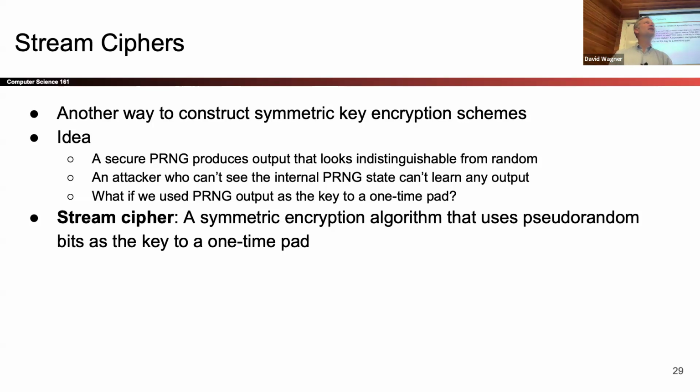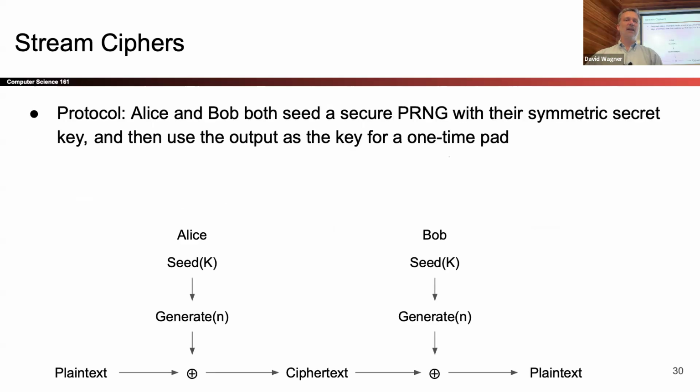And then the way we use a stream cipher to encrypt the message is we generate a pad as long as the message, and we XOR bitwise between the message and the pad. Like the one-time pad, except our pad's not truly random, it's generated with a stream cipher. And what we need for a stream cipher to be secure is for the bits of the pad to be pseudo-random. So there's a very close connection between pseudo-random number generators and stream ciphers.